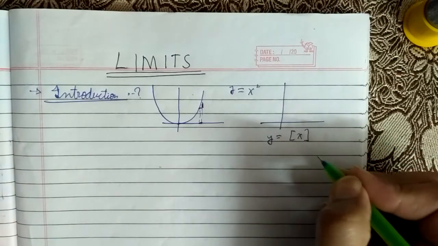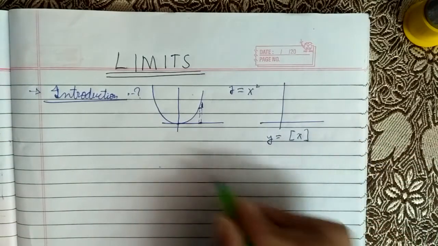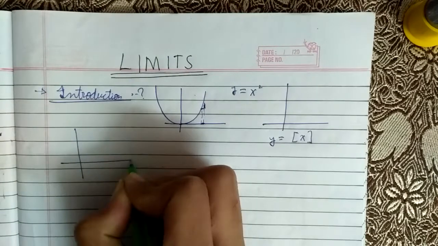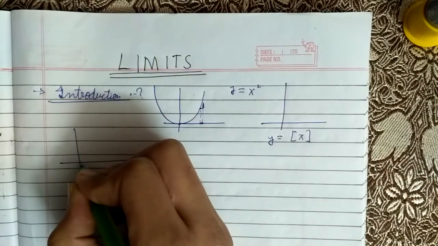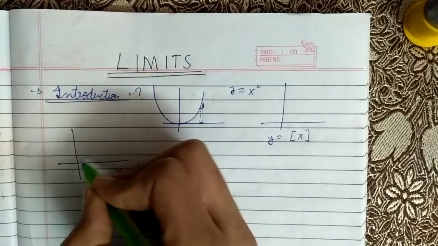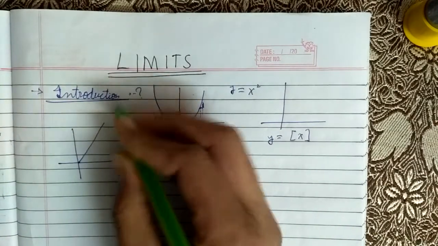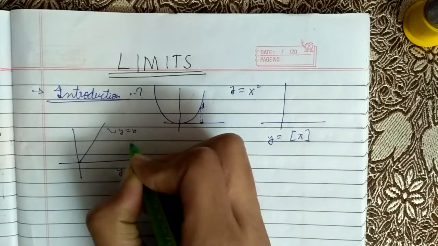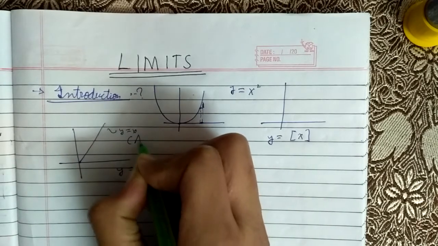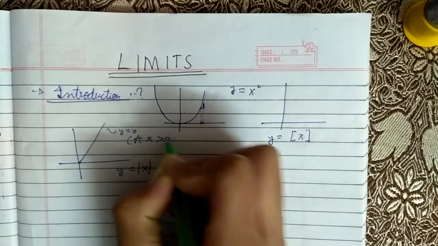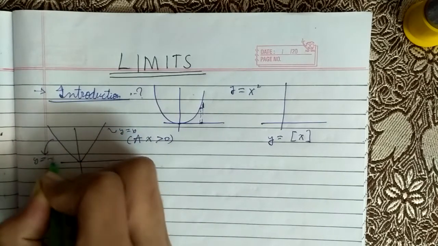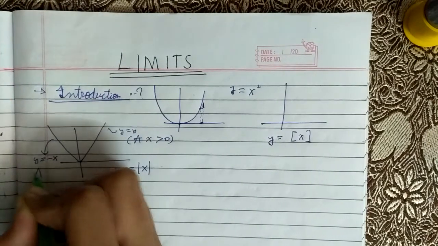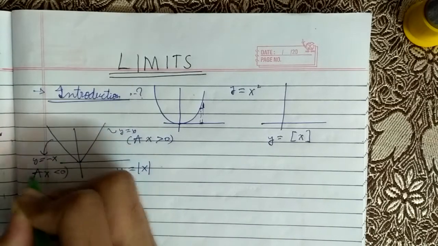The graph of the function y equal to mod x is y equal to x for all x greater than 0 and y equal to minus x for all x less than 0.